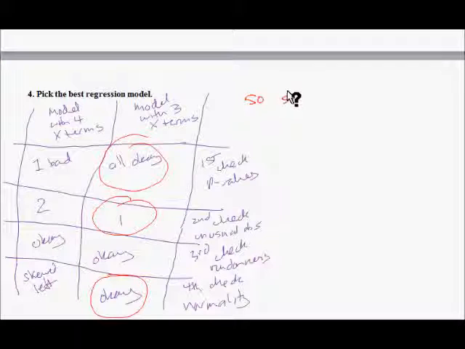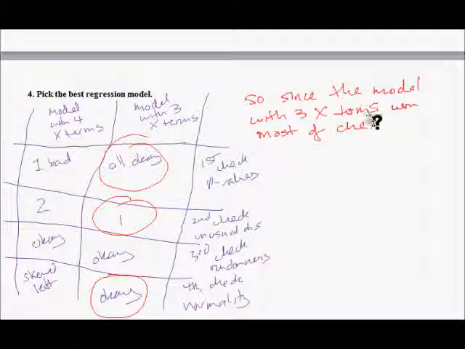So since the model with 3 x terms won most of the checks, it is the better model.